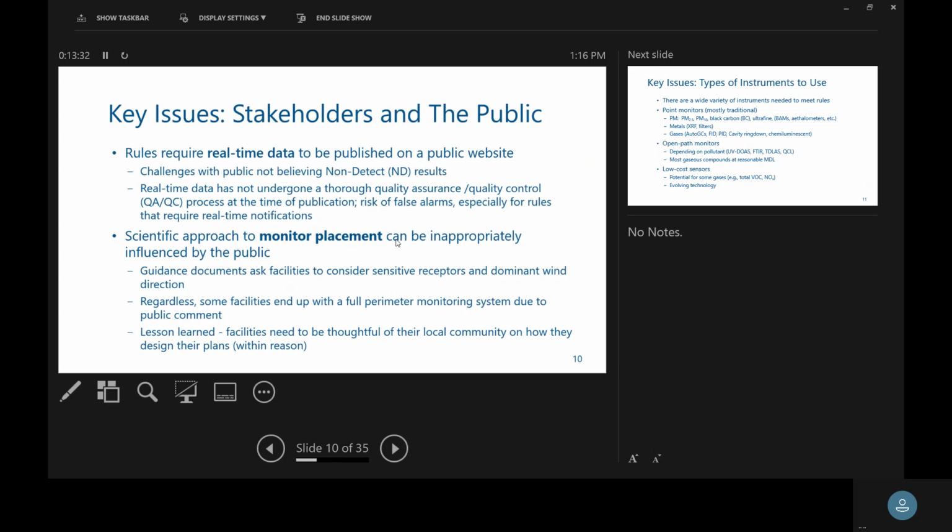So in any kind of monitoring program, you have various stakeholders. I separate stakeholders from the public, even though the public is a stakeholder. Because you have agencies, you have community groups, the public, and of course, the facility is obviously a major stakeholder.